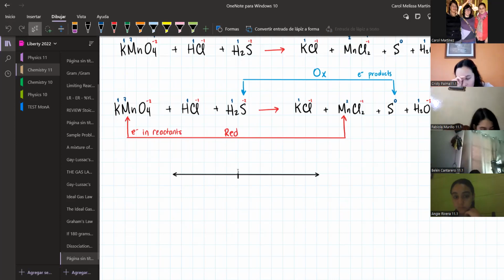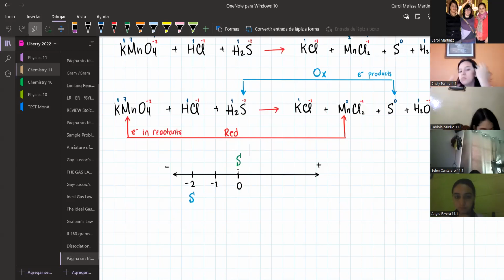You have your 0 here, okay? In the number line, math, okay? So you have -1, -2. Your sulfur was here. Initially, your sulfur was here, and after, the sulfur was over there.